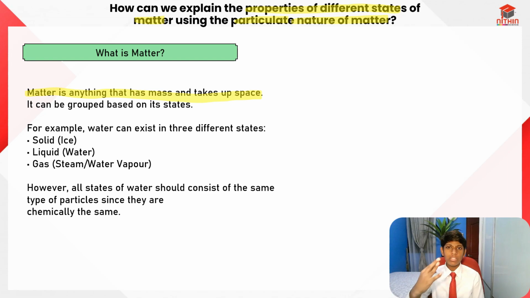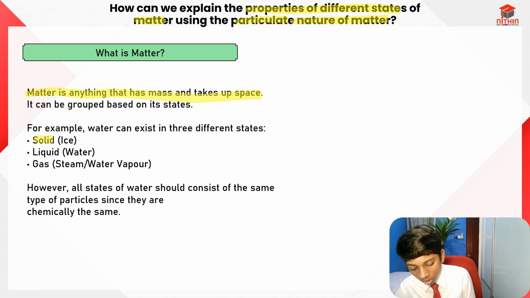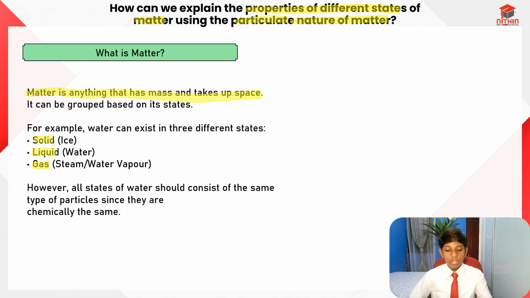There are 3 states of matter: solid, liquid, and gas. For example, water can exist in 3 different states. Ice is the solid state, water is the liquid state, and steam or water vapor is the gaseous state. I hope you understood that.